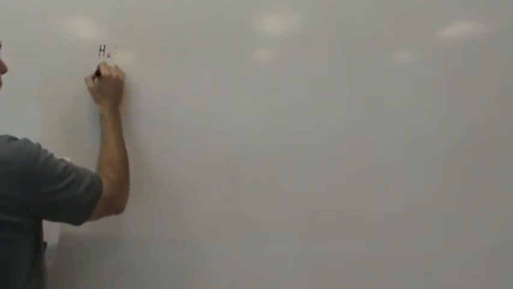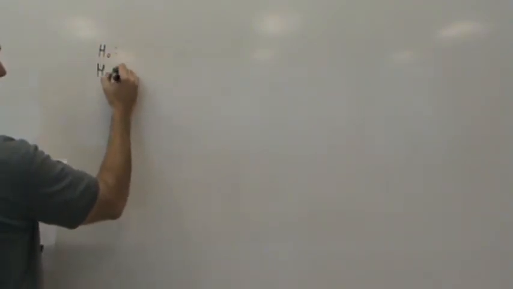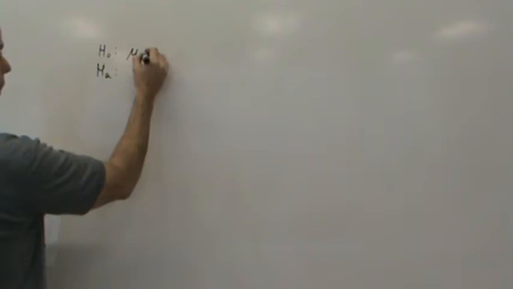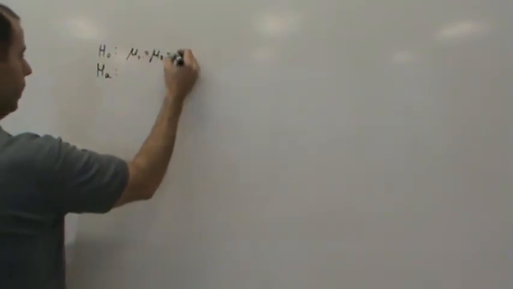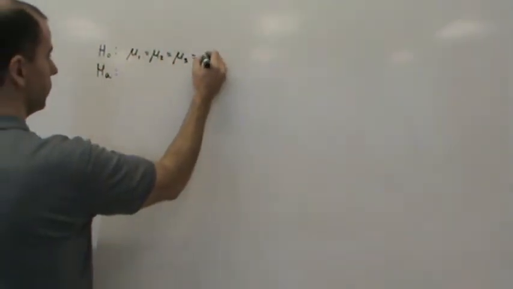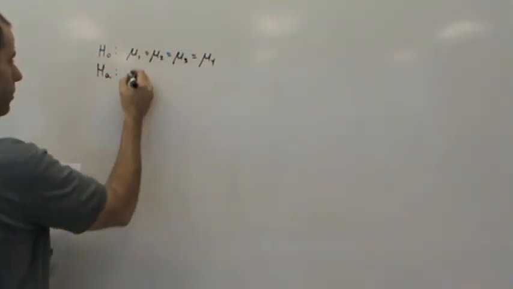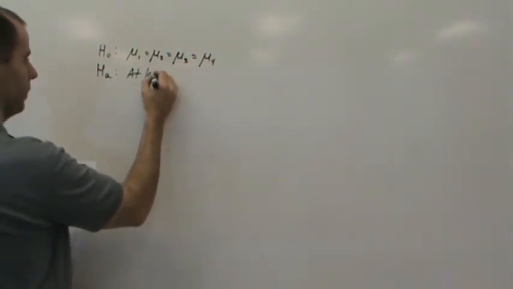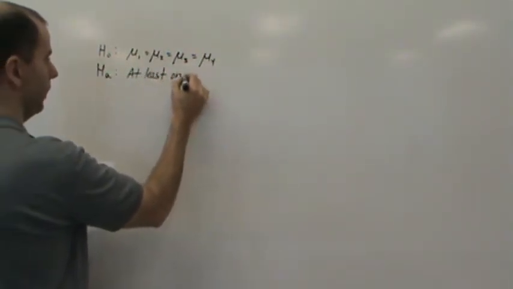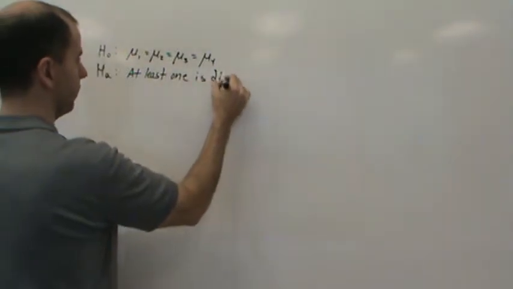So now, what do we know? Well, here's the hypothesis test. It's going to be H0 versus HA. H0 is mu1 equals mu2 equals mu3 equals mu4, versus at least one is different.